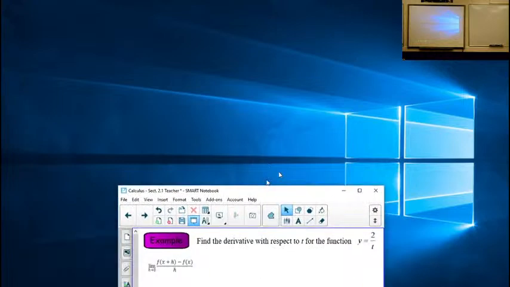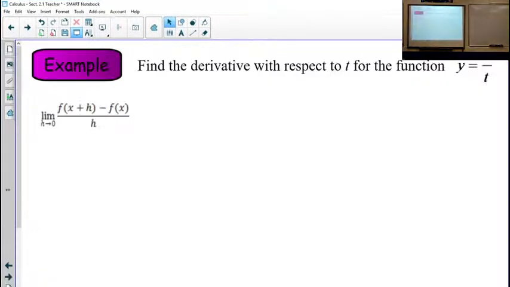Yeah, let's do this last example that I wasn't going to do, and now I've changed my mind and I'm going to do it.